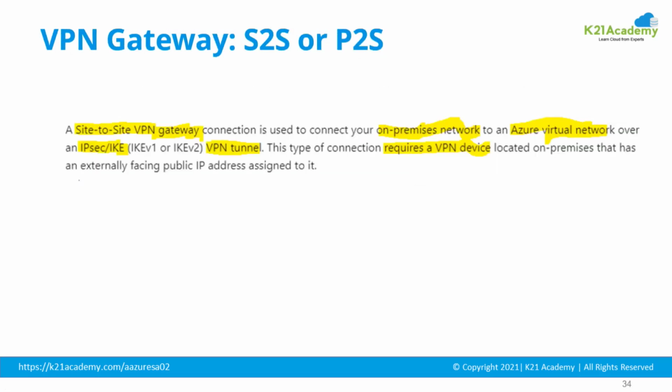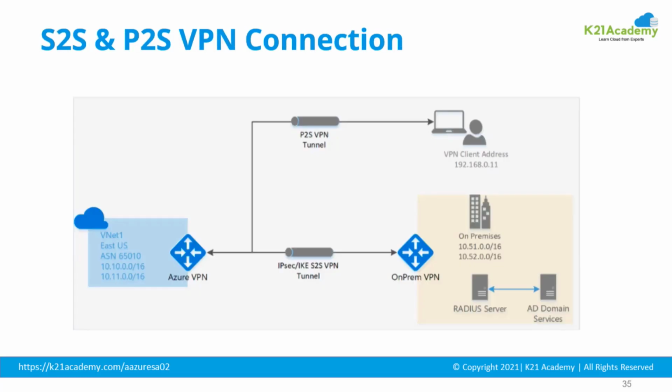One is site to site, and second is point to site. I'll explain these two here by the diagram. Site to site is your entire data center, or the customer's data center. So this is a customer data center, and this is your Azure cloud. Now, in the customer data center, there'll be multiple machines. Your laptop, when you connect to your office network, also comes under this.